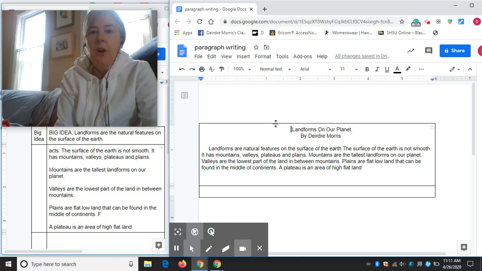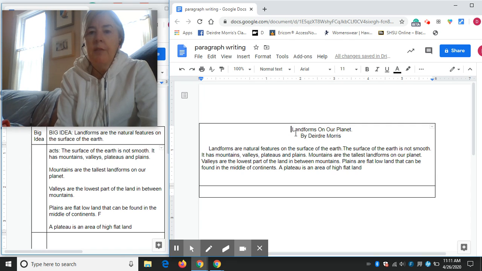Okay, so here is my almost finished paragraph, Landforms on Our Planet by Deirdre Morris. And here we go. It's indented to let people know it's the beginning of a paragraph, or tabbed is the other word. Landforms are natural features on the surface of the earth. The surface of the earth is not smooth.